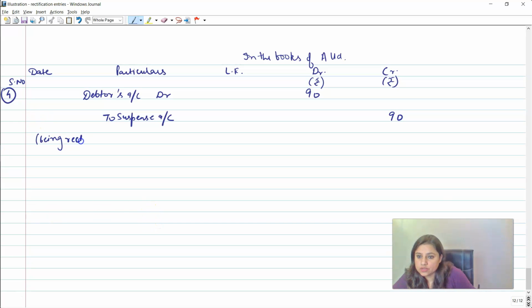Being rectification entry passed to increase difference.